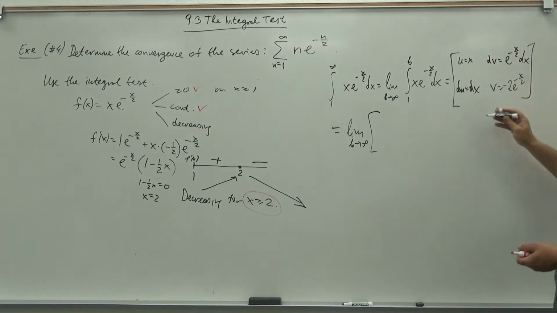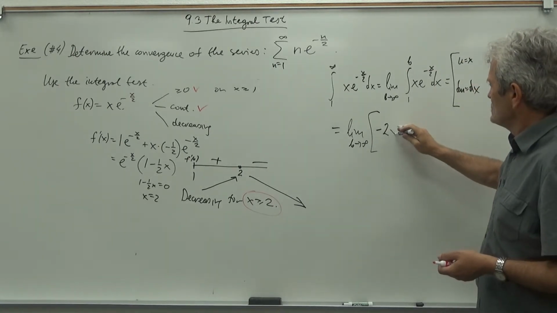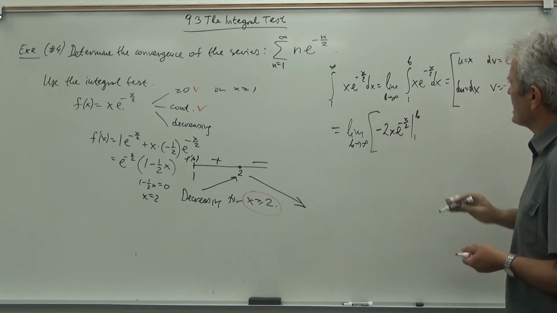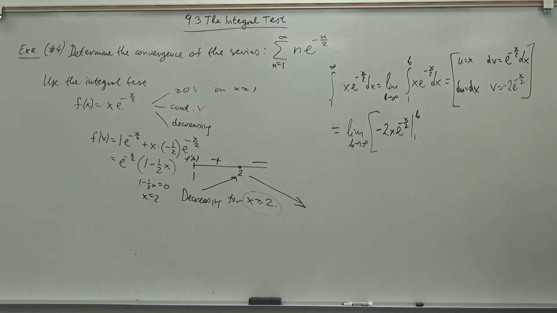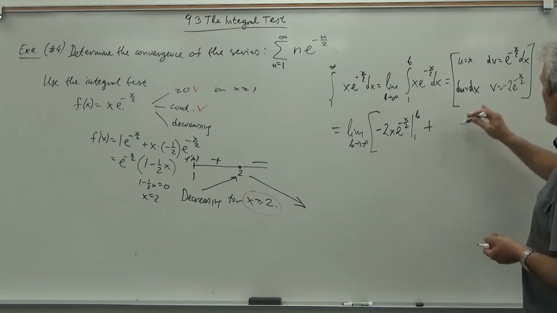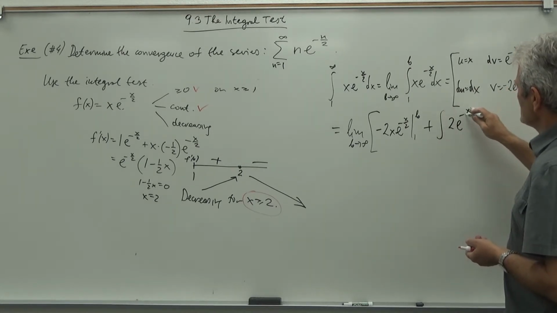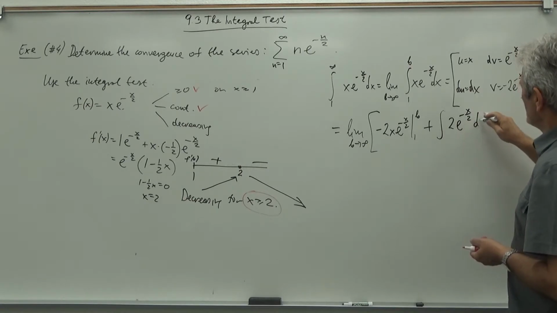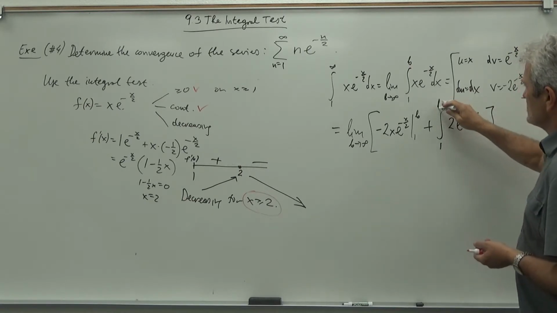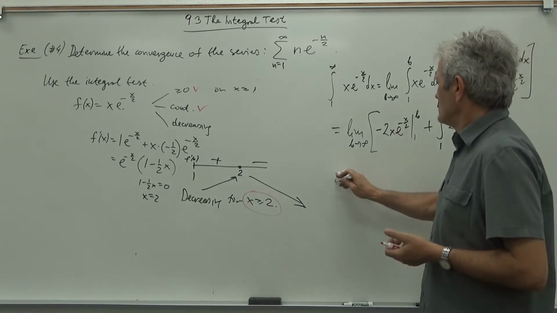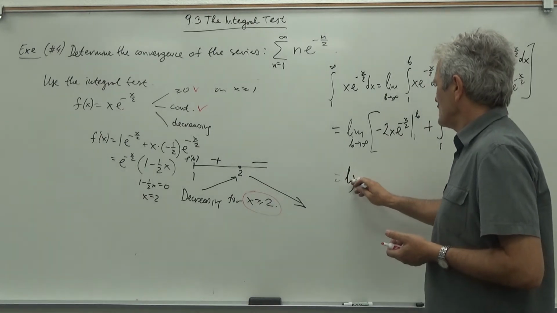We'll have u times v, which is minus 2x e to the minus x over 2 between 1 and b, plus, minus from the formula, minus the integral of minus 2 e to the minus x over 2 dx, and limits are 1 to b. Finally, that integral will be done in no time.